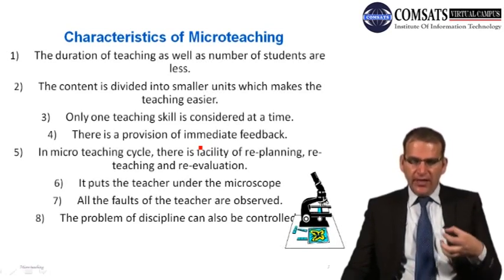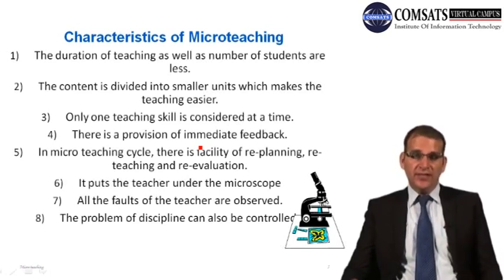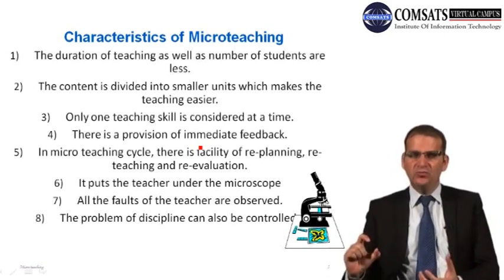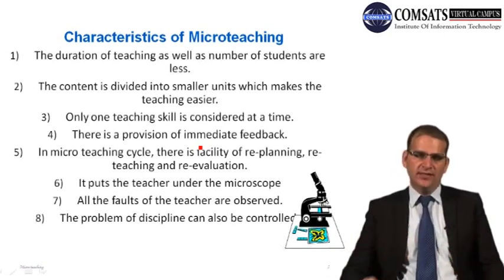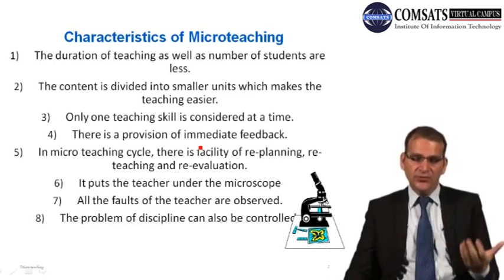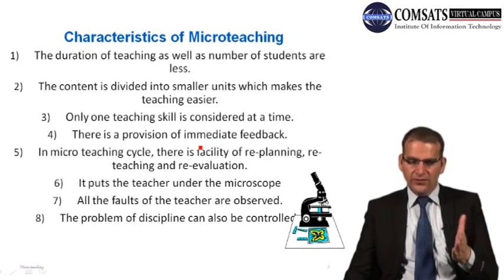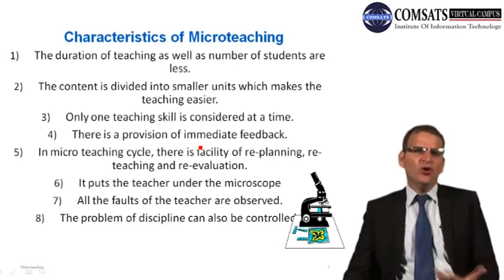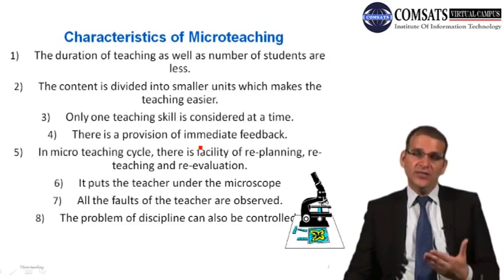It puts the teacher under the microscope, of course, because it is teacher-student. The one who wants to be a teacher teaches a skill and a supervisor supervises him. A supervisor sees him. All the faults of the teacher are observed. How does he write on the board? How does he talk? How does he move?